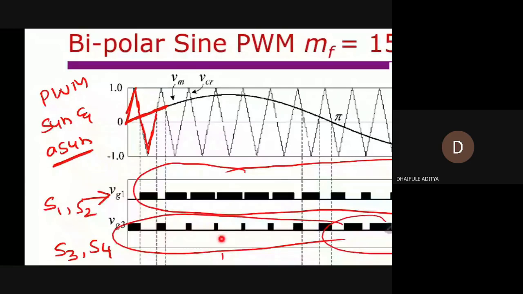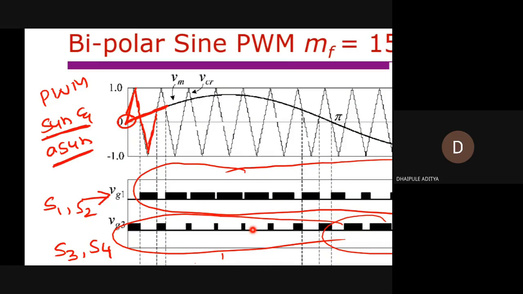If you observe that both start at 0, then the modulating signal and the carrier signal are synchronized. That is known as synchronous PWM. It is asynchronous when, at the point the modulating signal is 0, the carrier may have started at something else. That is known as asynchronous PWM.